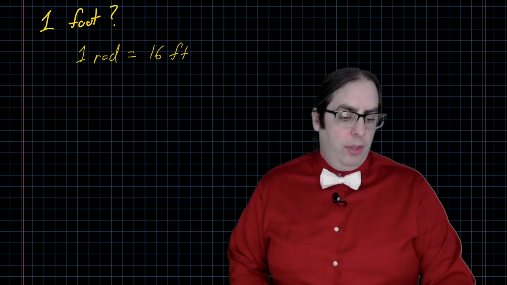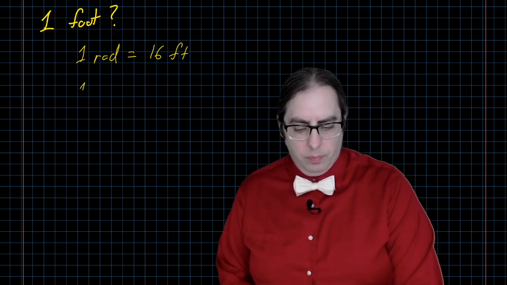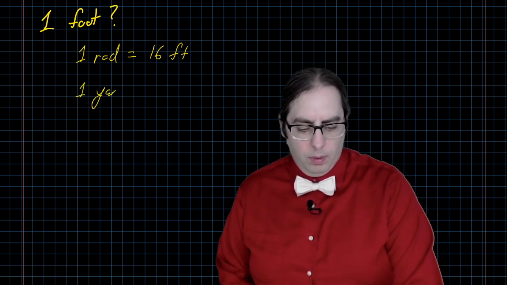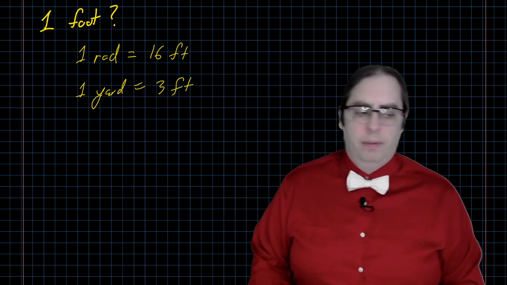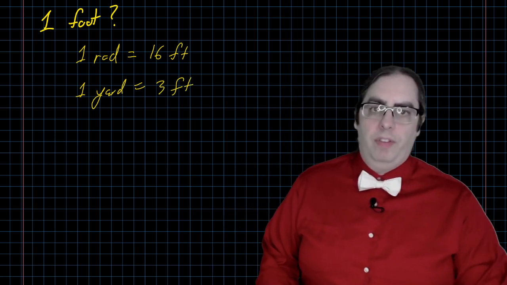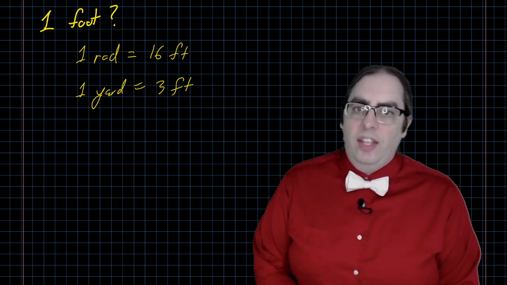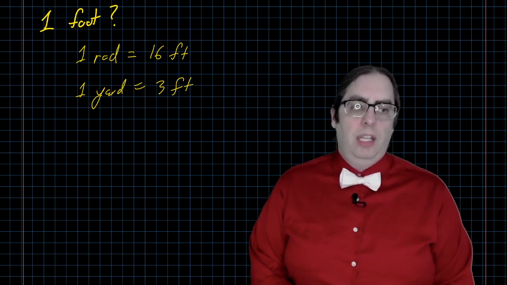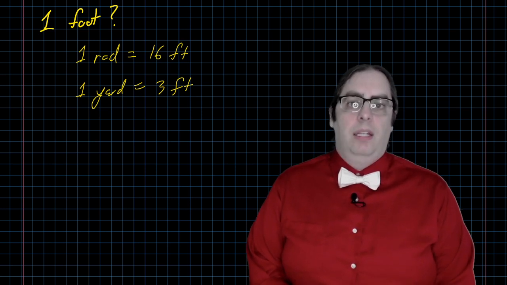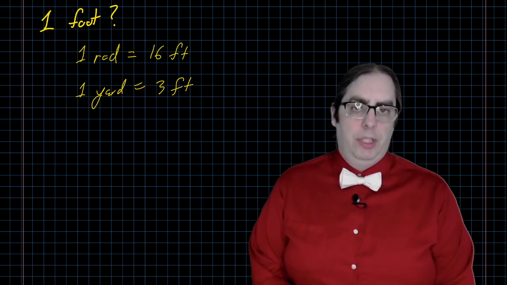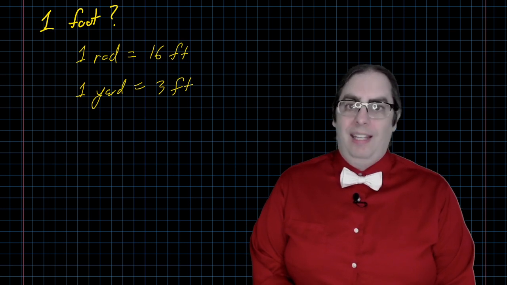Right. So another standard is the yard. 1 yard is 3 feet in length. And I say that this is a standard because it is a physical object. A device was commissioned, and it still exists.